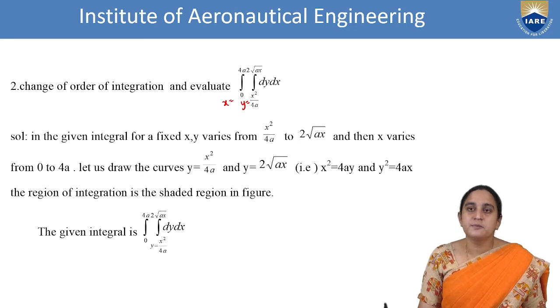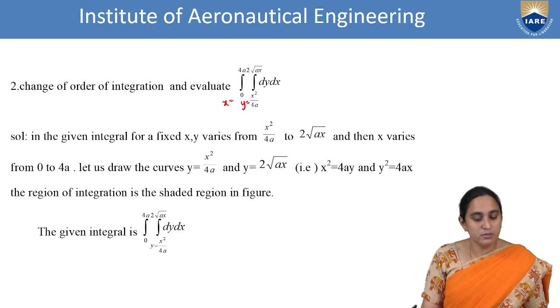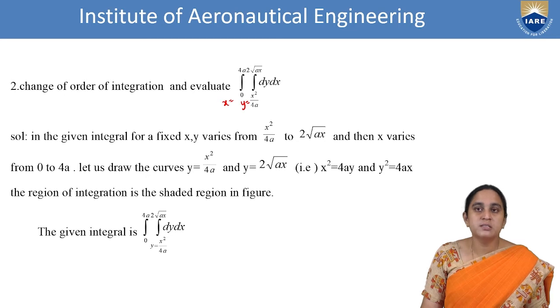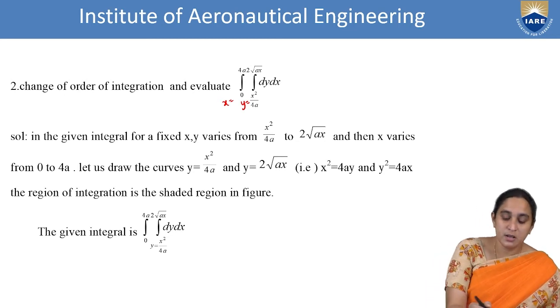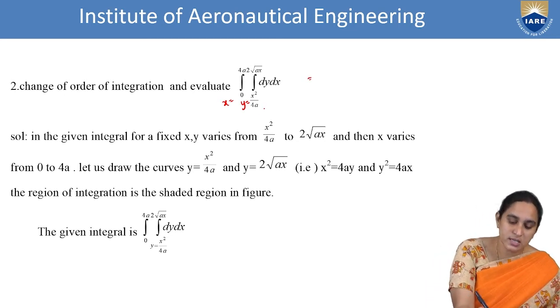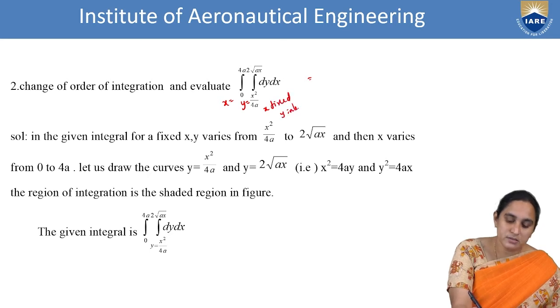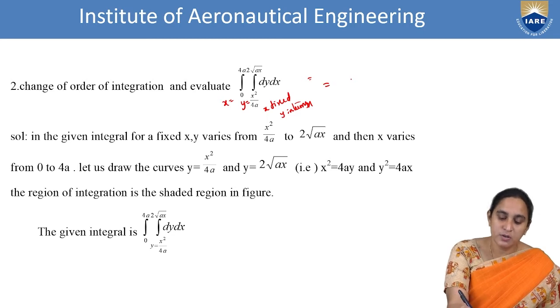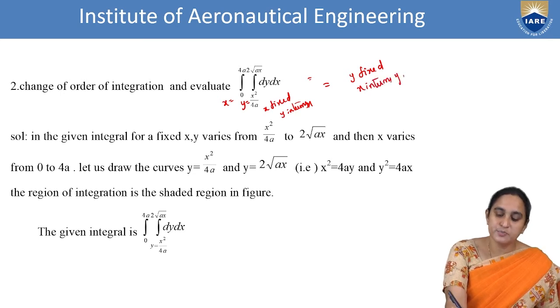Now by using change of order of integration, the given question has x fixed, y in terms of x; now let us take y fixed and x in terms of y.